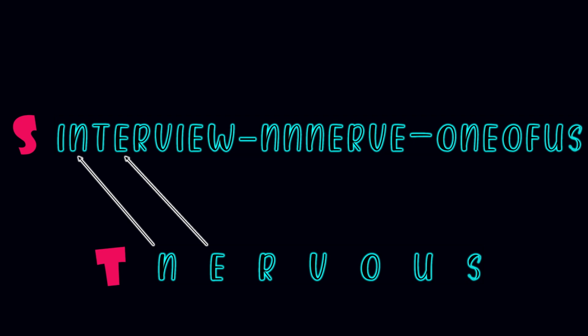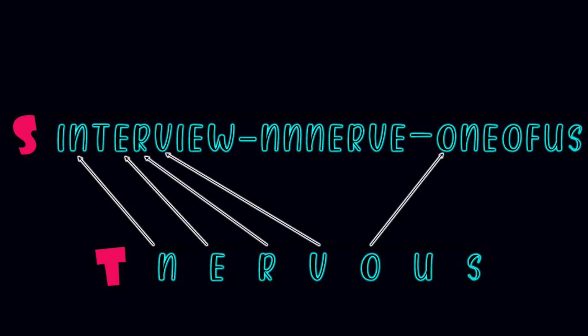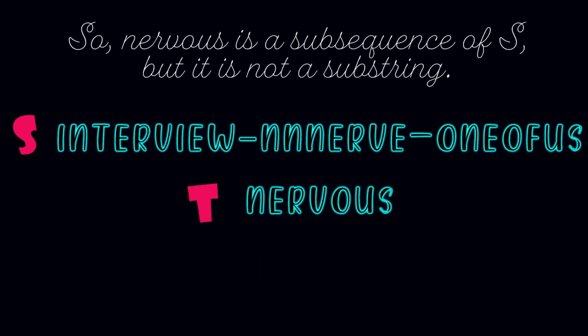We now find E as well, V, O, U, and S. You can see we found all the letters and they are found in order, meaning we are not considering the N that comes after E, but the one that comes before E. So this contiguous string of characters will become the substring for which T could be a subsequence. So nervous is a subsequence of S, but not a substring.